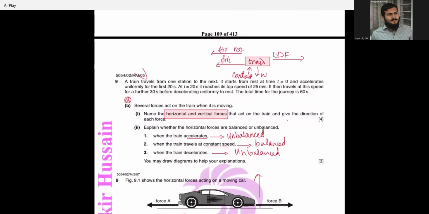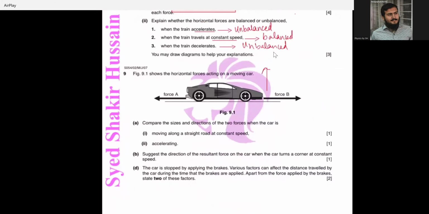You may draw a diagram to help your explanation, but not needed.